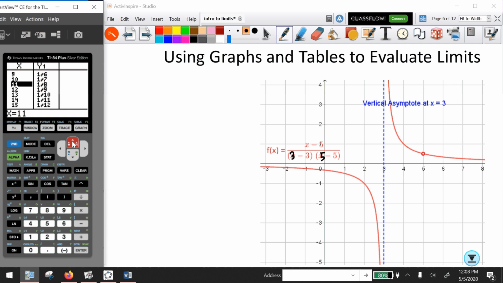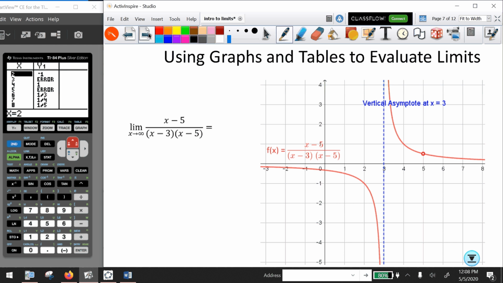Notice here in my table, they kind of have that error there when x is equal to 3 and when x is equal to 5. So these are two interesting areas that we might want to investigate around. So I can't say what is the function equal to when x is equal to 3 because you get an error. But I can say what is the limit of the function as x approaches 3.